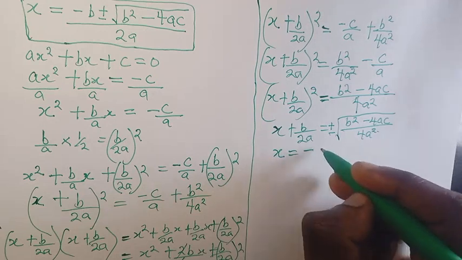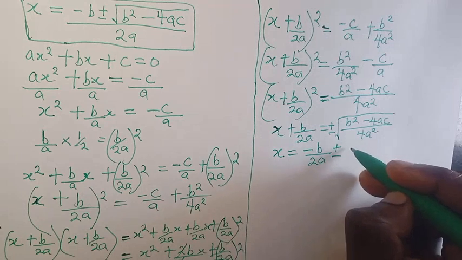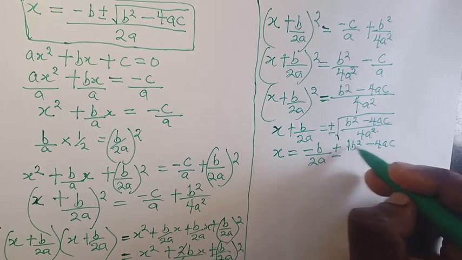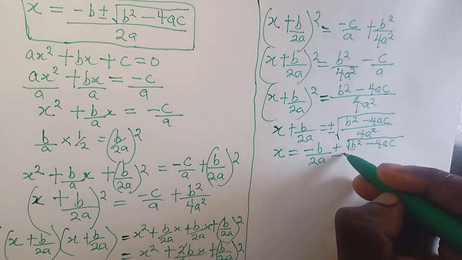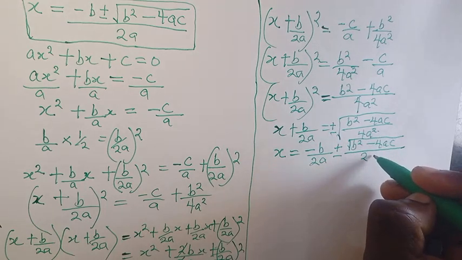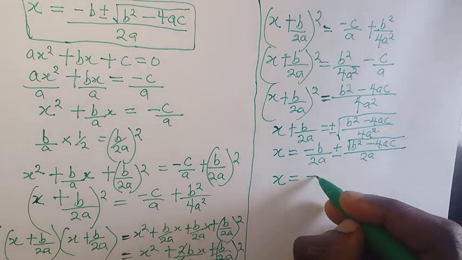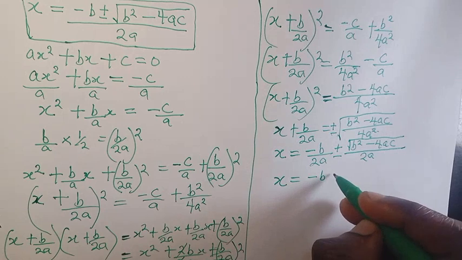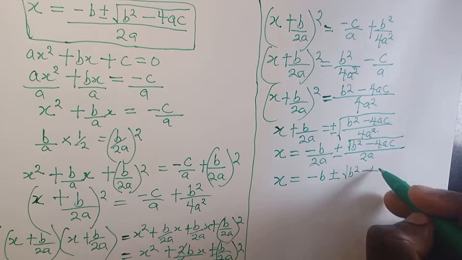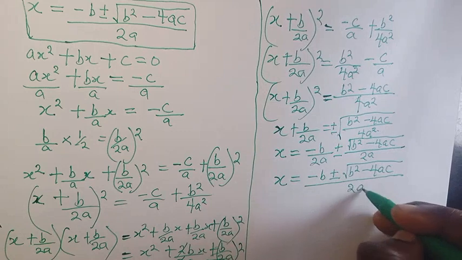It becomes minus b over 2a plus or minus the square root of b squared minus 4ac over the square root of 4a squared. Now 4a squared is a perfect square, so the square root of 4 is 2, the square root of a squared is a. So this is x equals minus b plus or minus root b squared minus 4ac all over 2a.